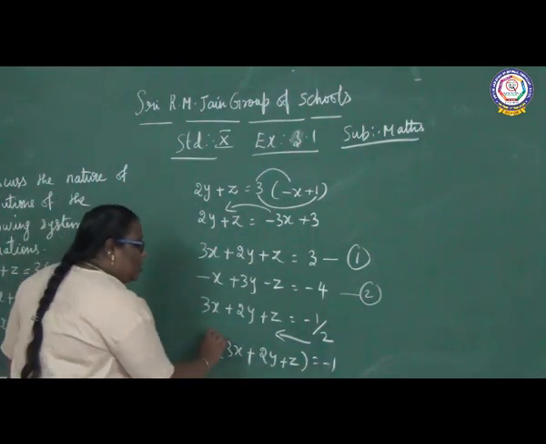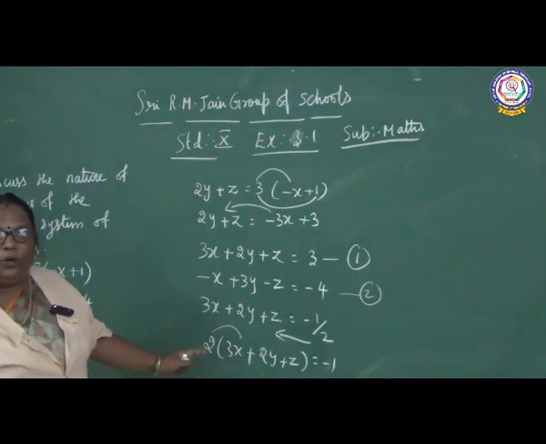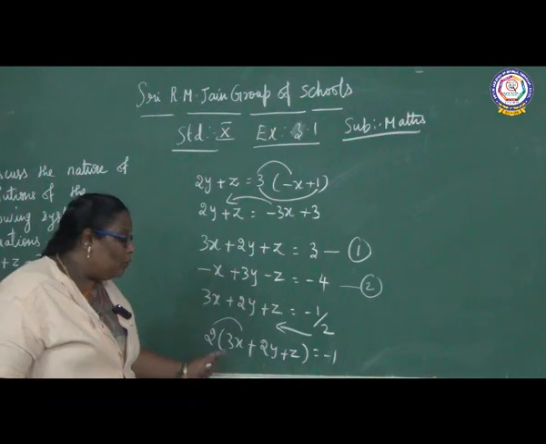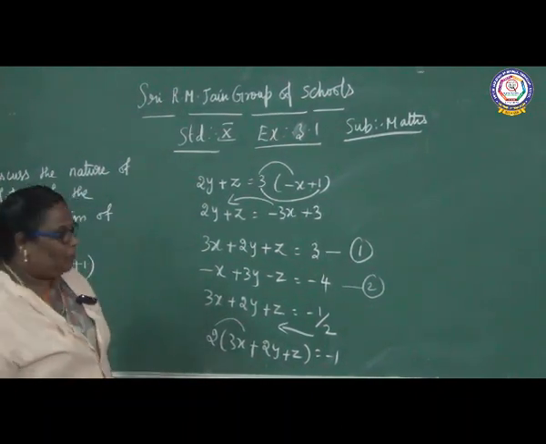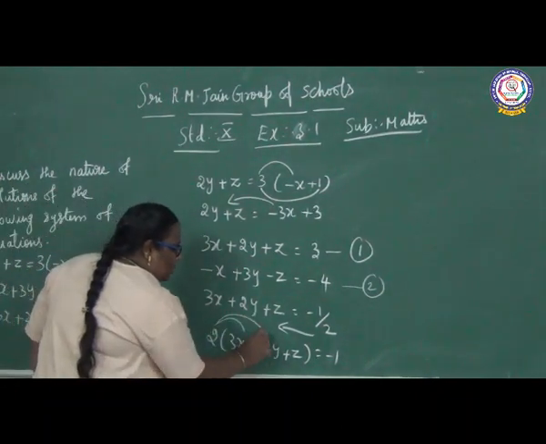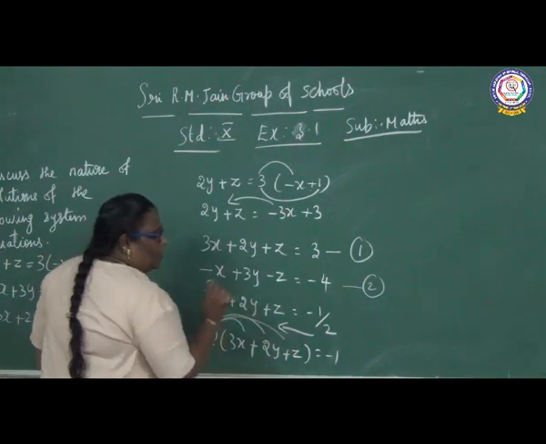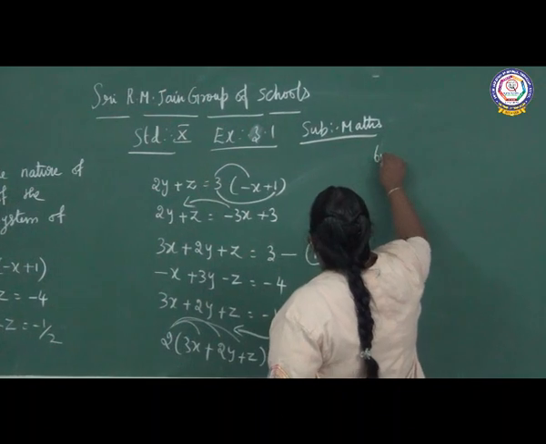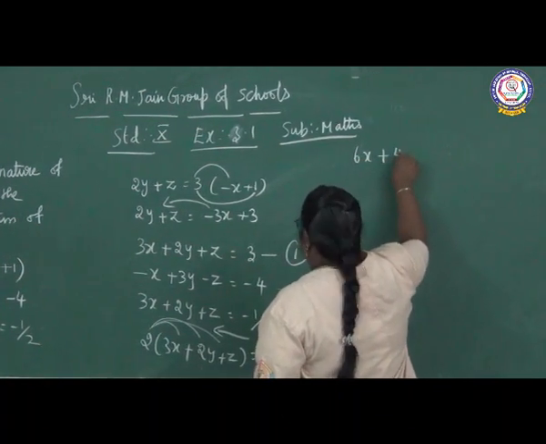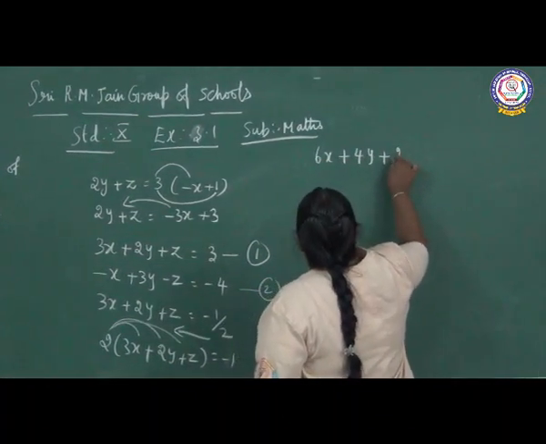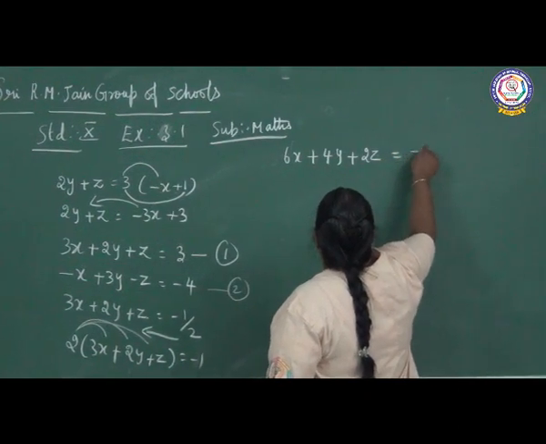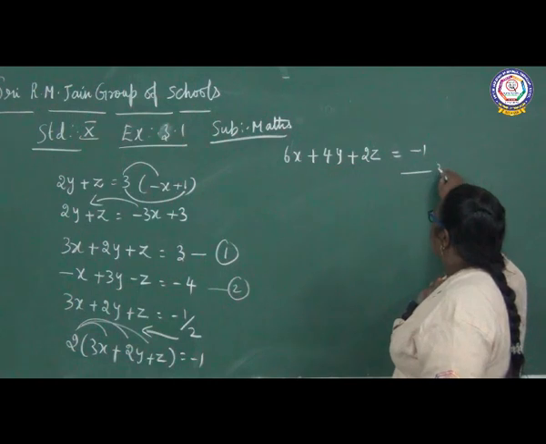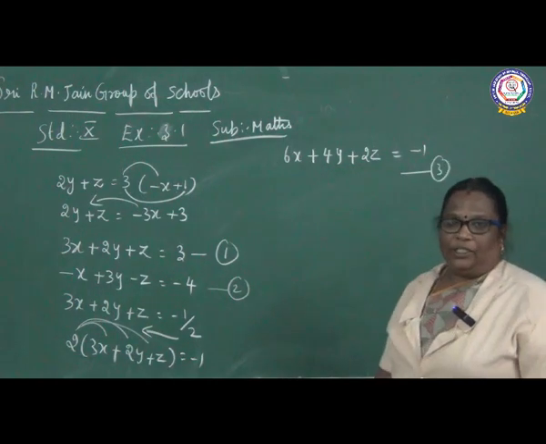When you multiply by 2, you should multiply all the values, not only the first value. 2 into 3x, 2 into 2y and 2 into z. So 6x plus 4y plus 2z equal to minus 1. You can take it as the third equation.